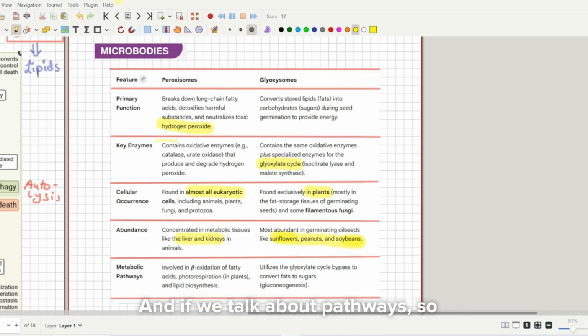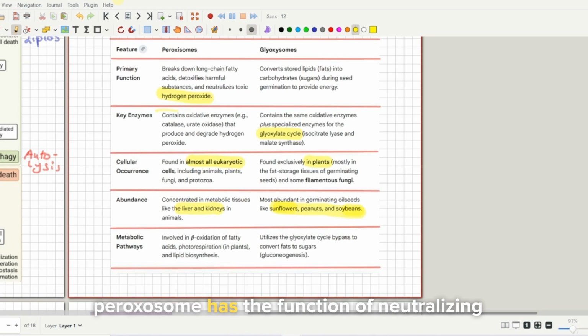And if we talk about pathways, peroxisome has the function of neutralizing and detoxification. That's why it is involved in the beta oxidation of fatty acids and photorespiration, while glycosomes have the pathway called the glyoxylate cycle that converts fats into sugars.